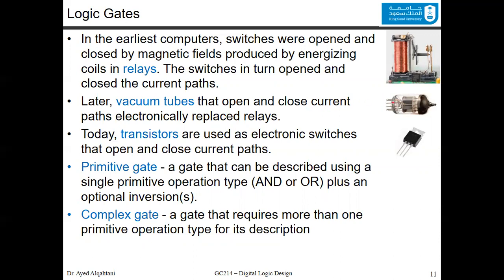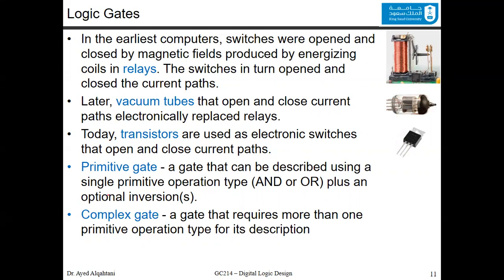But as you can see, they are kind of big. Today, transistors are used as electronic switches that open and close the current path. And this is one chip that represents one transistor. And you can now have billions of transistors in only one chip.